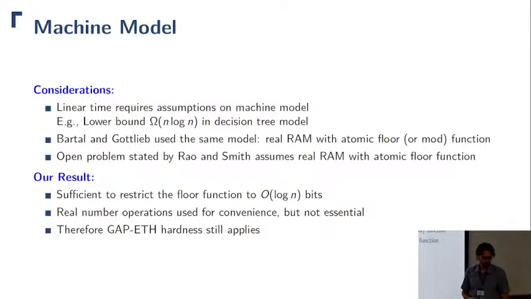I can apply it as often as I want, but one step of running time means one rounding operation. It's just a floor function. It's atomic in the sense that it's one step within the machine. Maybe unit cost. Atomic is too complicated a word for a very simple concept. It's just the floor function.